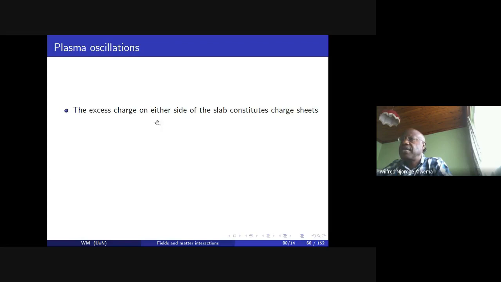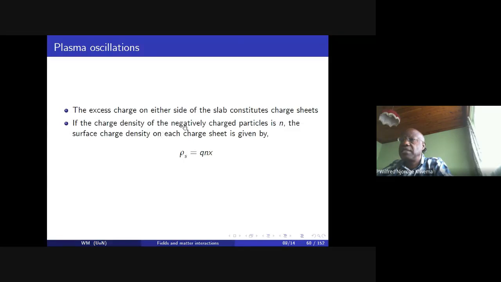So the excess charge on either side of the slab will constitute charge sheets, and if the charge density of the negatively charged particles is n, then the surface charge density on each side of the charge sheet is given by rho_s = q n x, where x is the displacement and this is a surface charge.